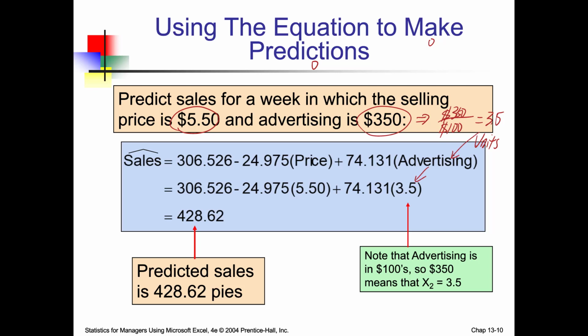So you replace price with 5.50 and advertising spending with 3.5. Then we get 306.526 minus 24.975 times 5.5, plus 74.131 multiplied by 3.5, and we end up with 428.62. The unit for the advertising spending is important. You wouldn't put in $350 directly; you have to convert to the corresponding unit before you can plug it into the regression model to get a predicted sale.